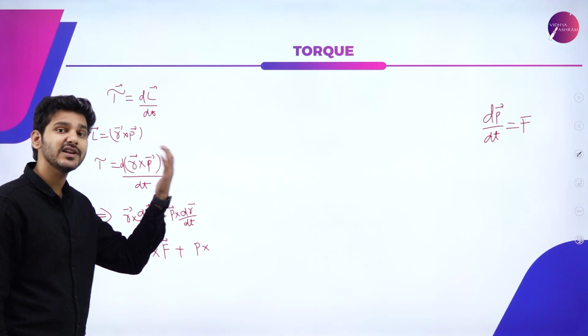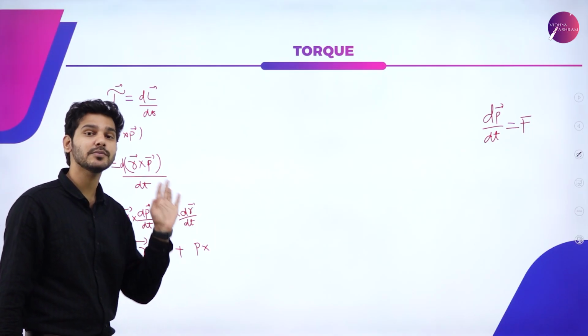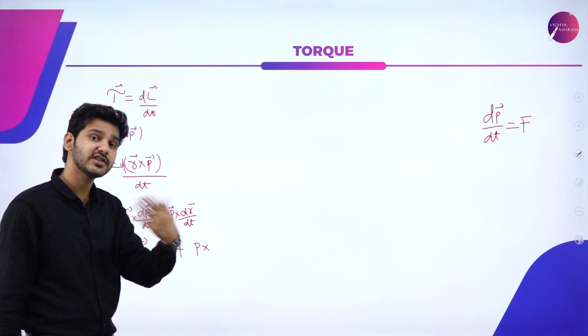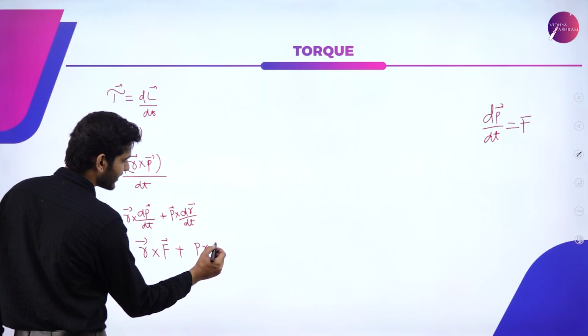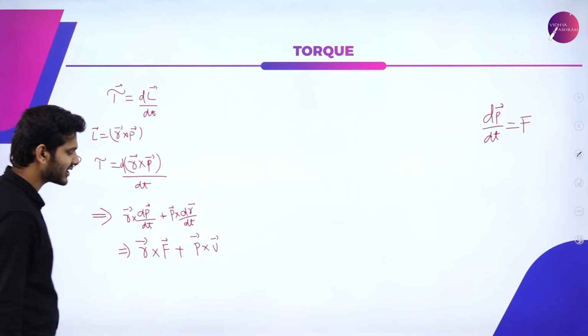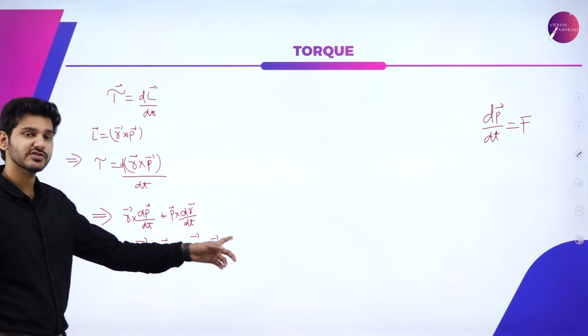Rate of change of position, because r is a position vector indicating position, is nothing but rate of change of displacement, which is velocity. So this will be equal to r cross F plus p cross v.